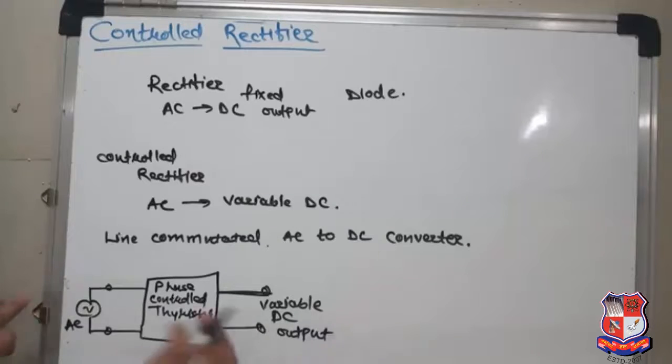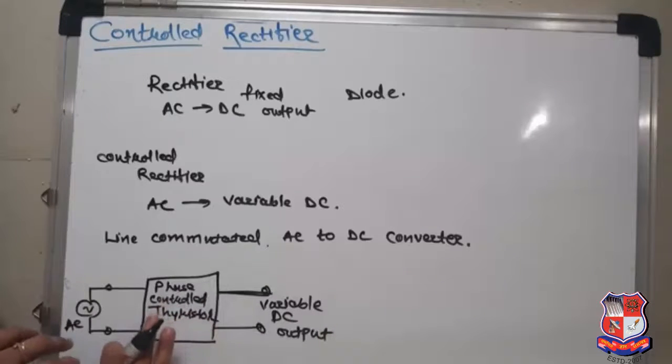So this is the block diagram of a controlled rectifier, in which the input AC has a fixed magnitude of voltage and a fixed frequency, whereas you get a variable DC voltage by using the phase control thyristor.